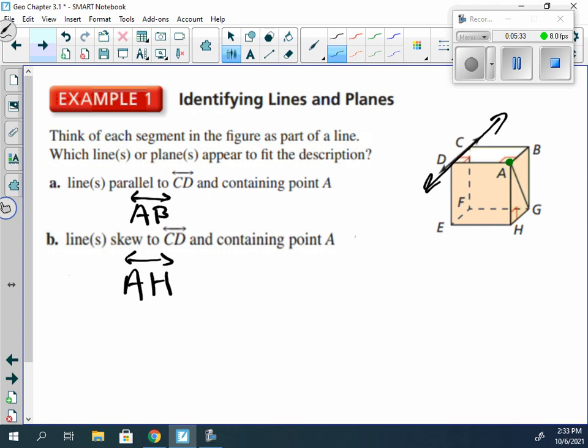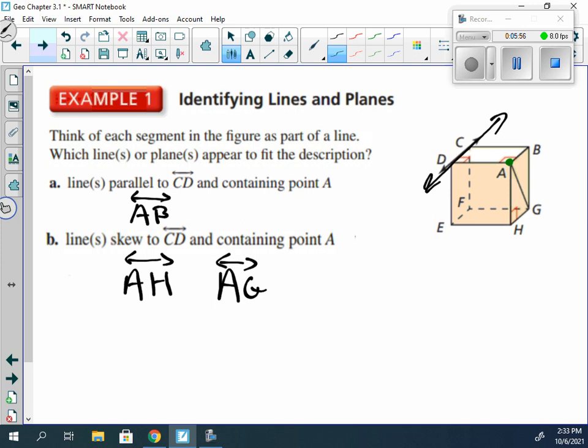There's one more. Exactly. Because if you notice, we do have a line going from A to G. So since G is not contained in the plane, line AG would not be in the plane also. That's it.